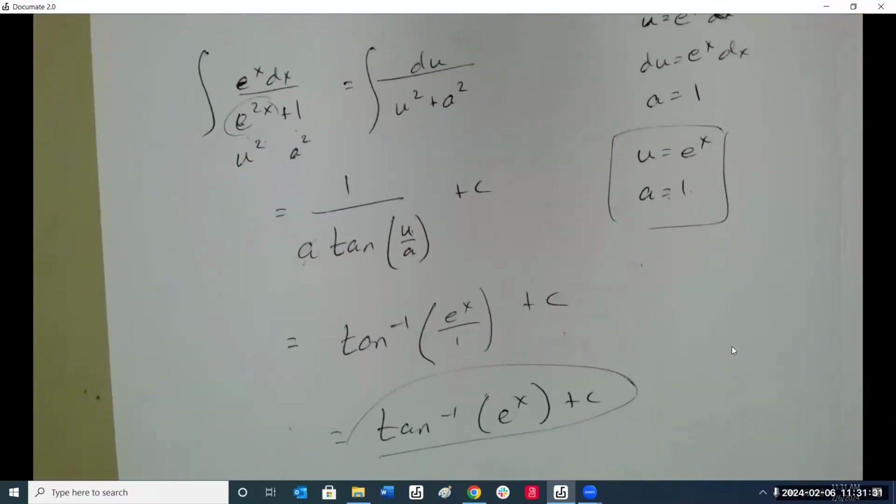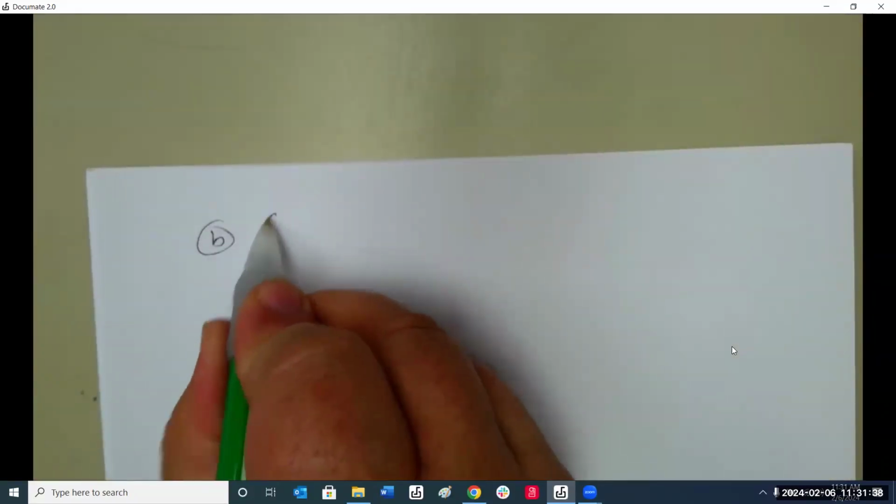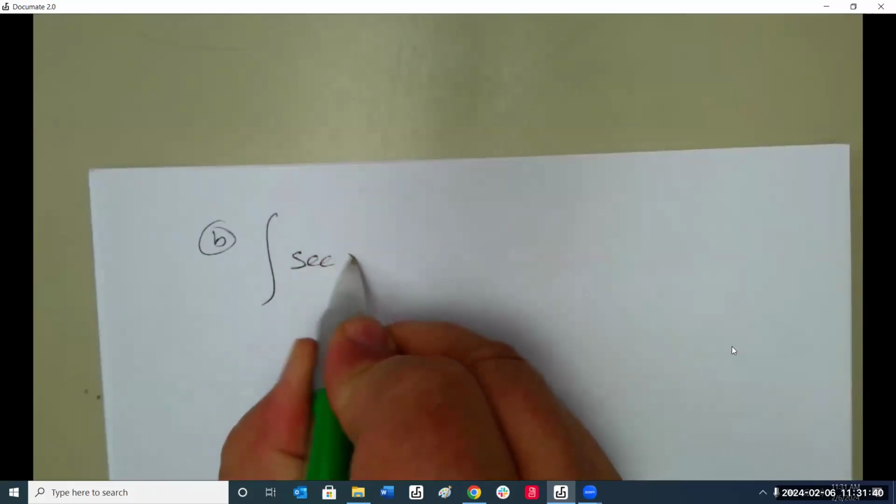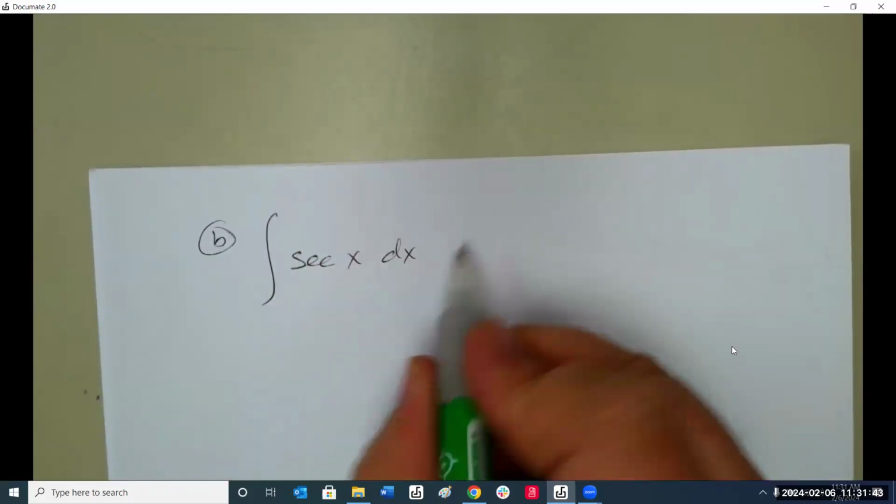All right, let's look at B. Let's look at secant. The integral of secant x dx.